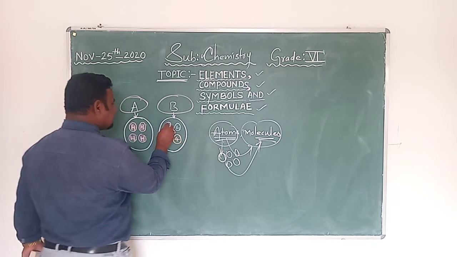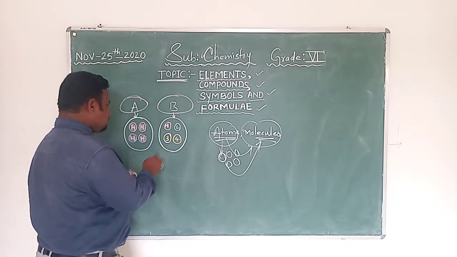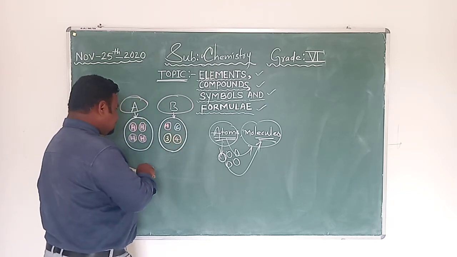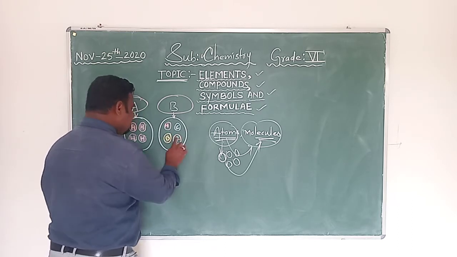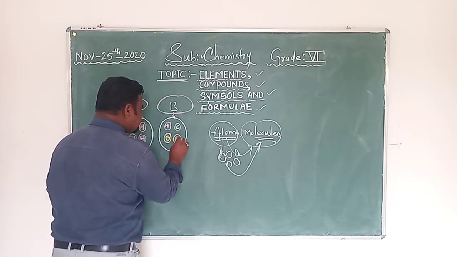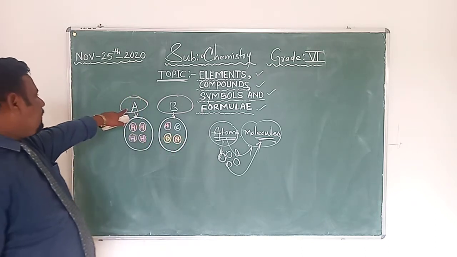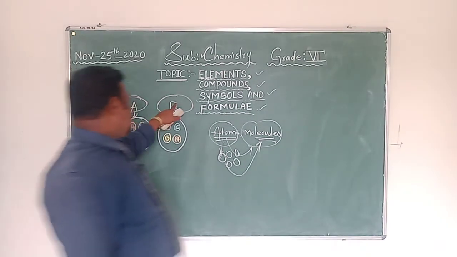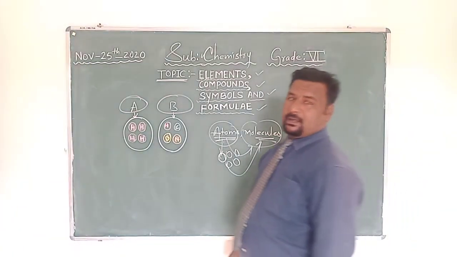Whereas here, this is the atom of hydrogen, this you can make atom of carbon, this atom of oxygen, this atom of nitrogen. Now you see, molecule A is composed of 4 atoms and molecule B is also composed of 4 atoms. Then what is the difference?